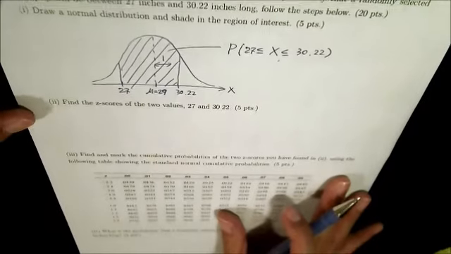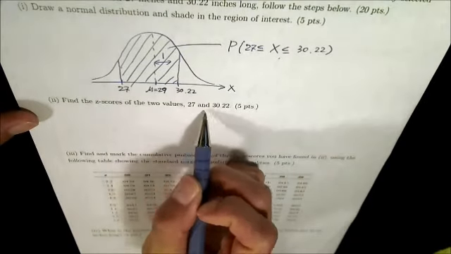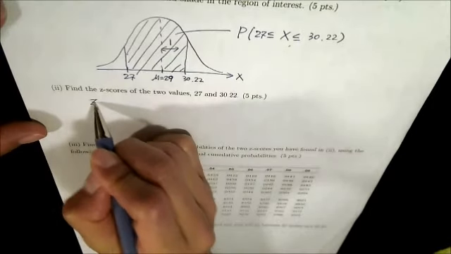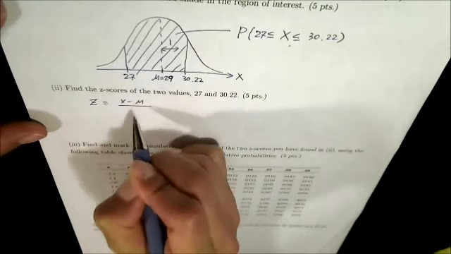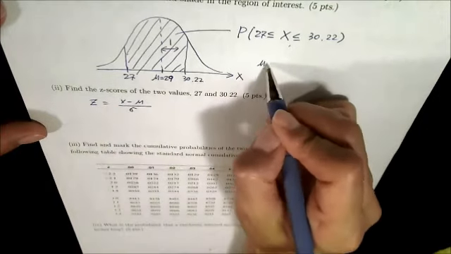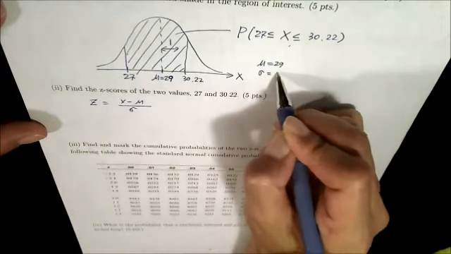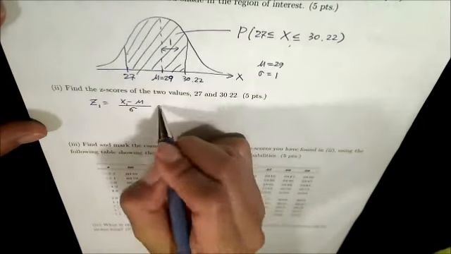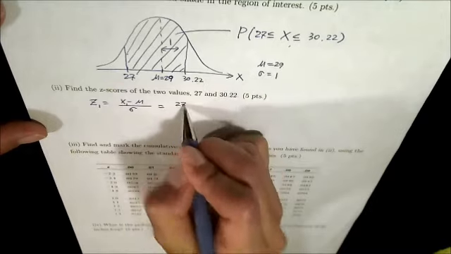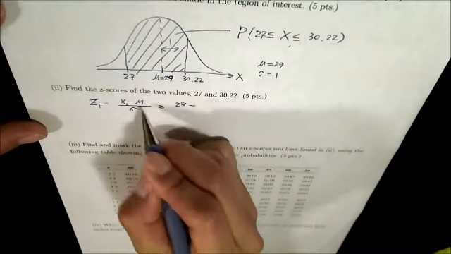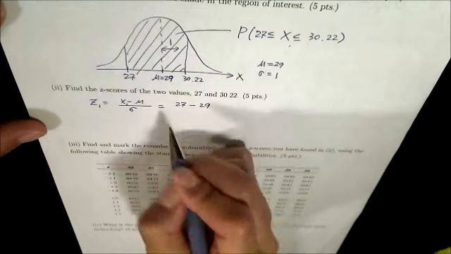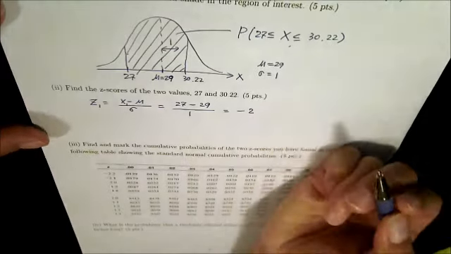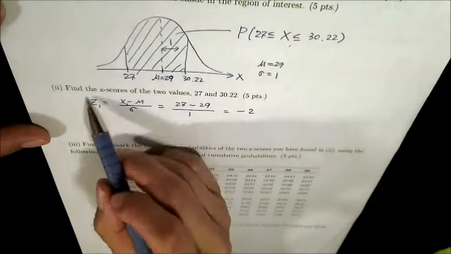Second problem, find the z-scores of the two values 27 and 30.22. How can I find a z-score? z equals x minus mu divided by sigma. Here mu is 29 and the standard deviation sigma is 1. My first variable is 27. 27 minus the mean 29, divided by standard deviation 1, is negative 2. That is the first z-score.